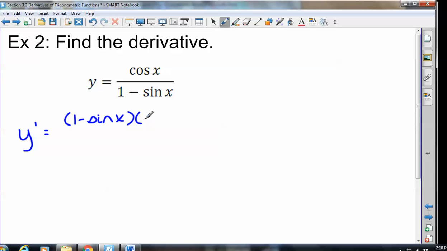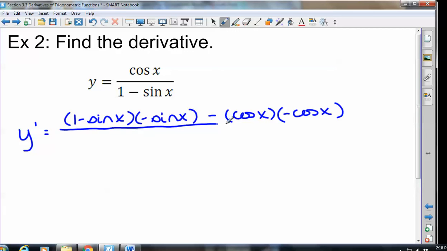So low d high, what's the derivative of cosine? Minus high. D low, what's the derivative of 1 minus sine x? Because the derivative of 1 would be 0 minus cosine. All over low squared.